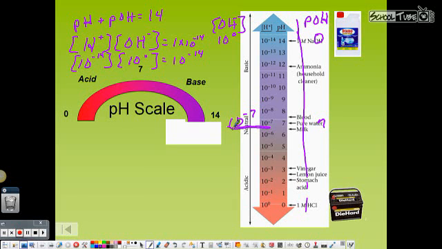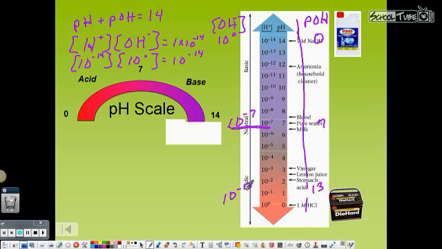Okay. Now I'm going to go down to, let's say, a pH of 1. If the pH is 1, what's the POH? 13, because the two of them add up to be 14. And if the H concentration is 10 to the negative 1, what's the OH concentration? 10 to the minus 13.